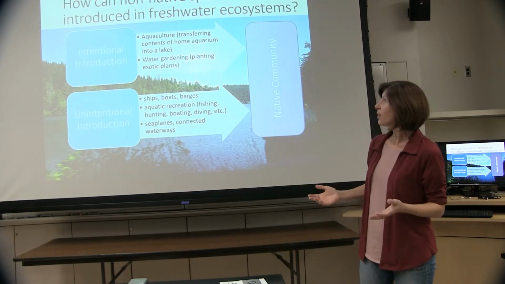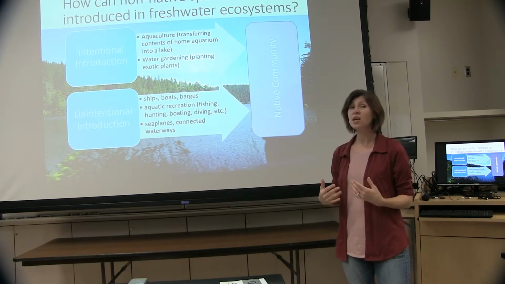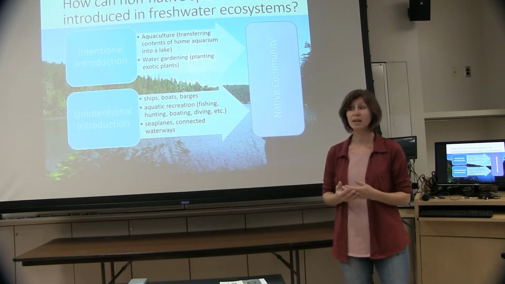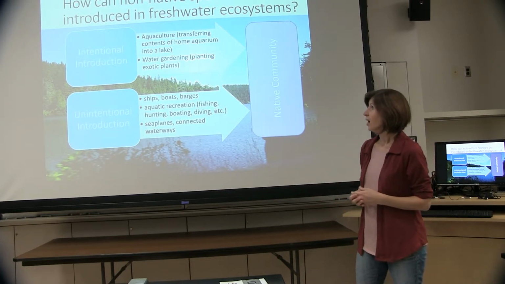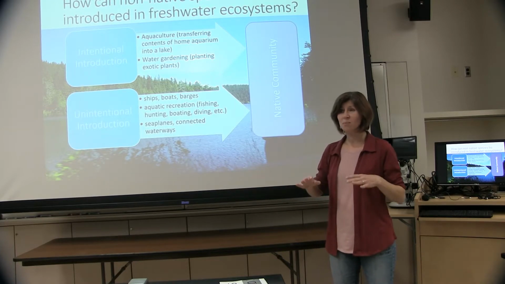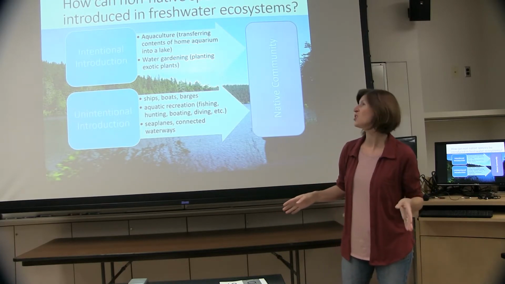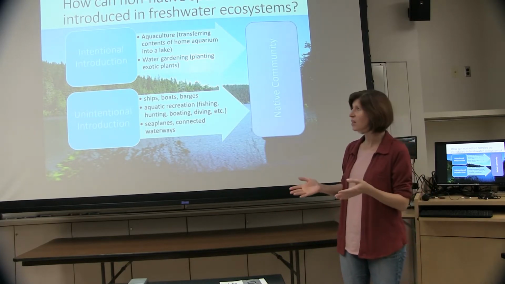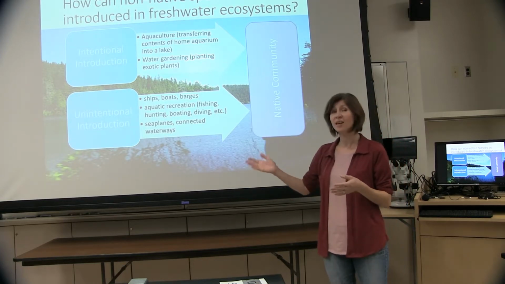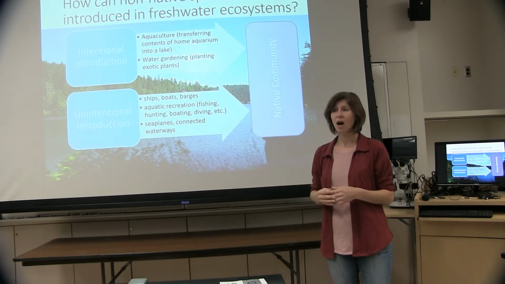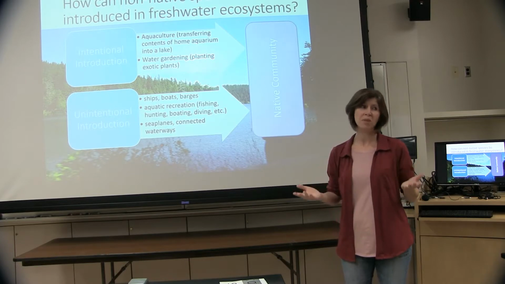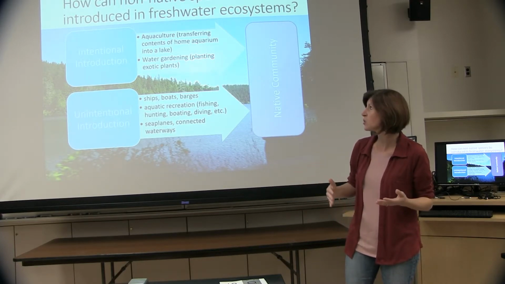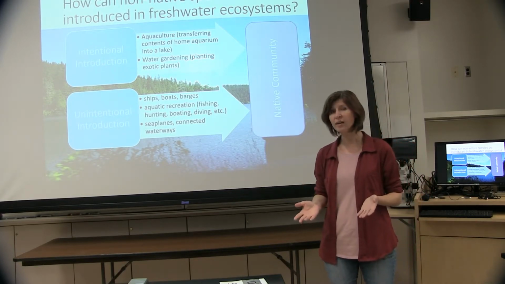Now, how can non-native species be introduced in freshwater ecosystems? As you can see here, there are many ways they can be introduced. But we can divide them into intentional introduction, which can be through aquaculture, disposal, or water gardening.